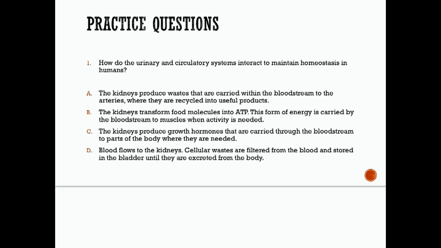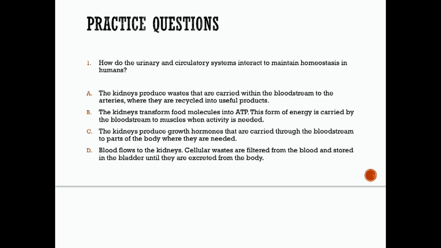Number 1, how do the urinary, so we've got bladder, kidneys, and circulatory, we have like the heart and vessels, so how do the urinary and circulatory systems interact to maintain homeostasis in humans? So let's look at these.